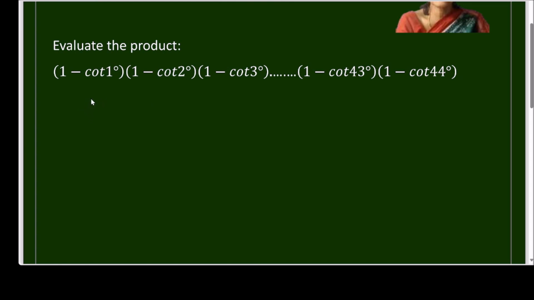If I want to write 1 minus cot x, then how to simplify this? I'll write 1 minus cos x over sin x, or this will be sin x minus cos x upon sin x.